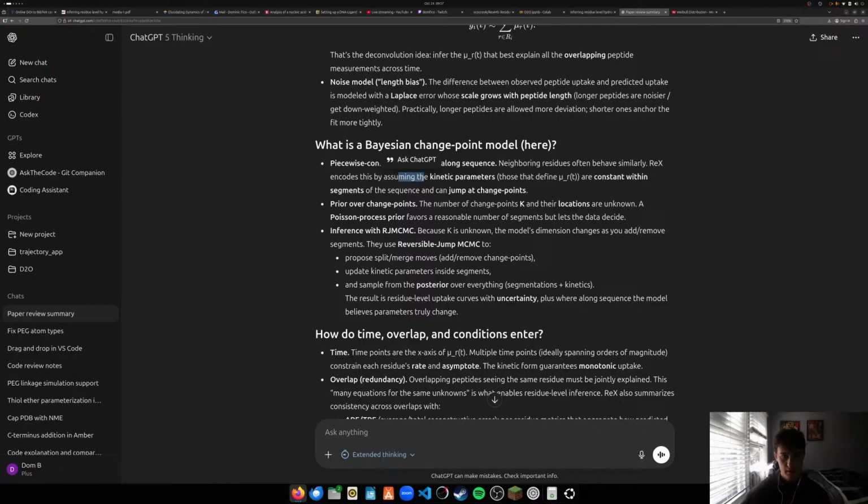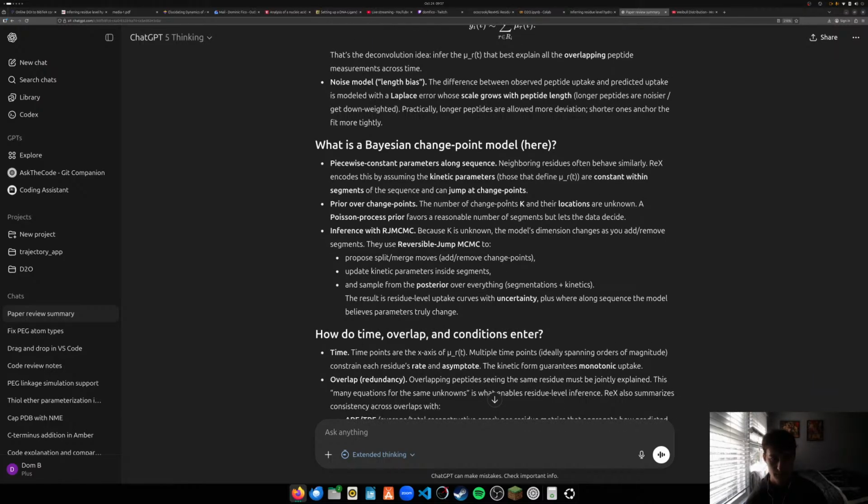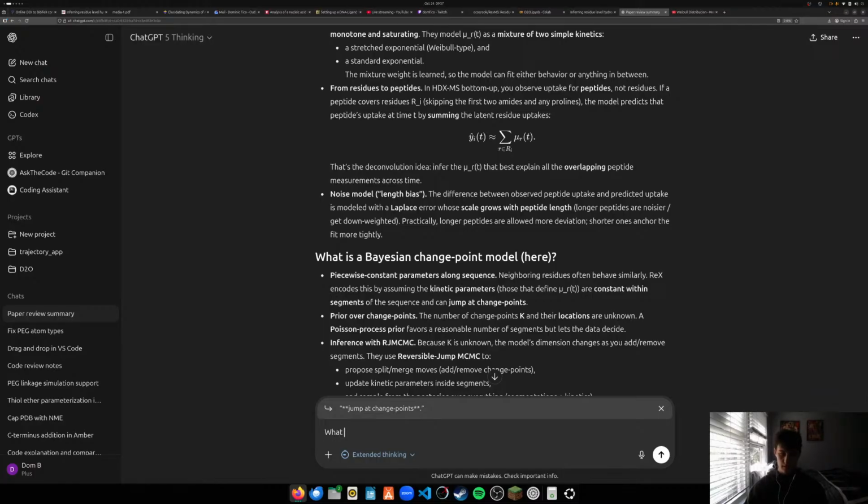The model encodes this by assuming the kinetic parameters here are consistent within segments of the sequence and can jump at change points. I don't know what a change point is. What do you mean by this?